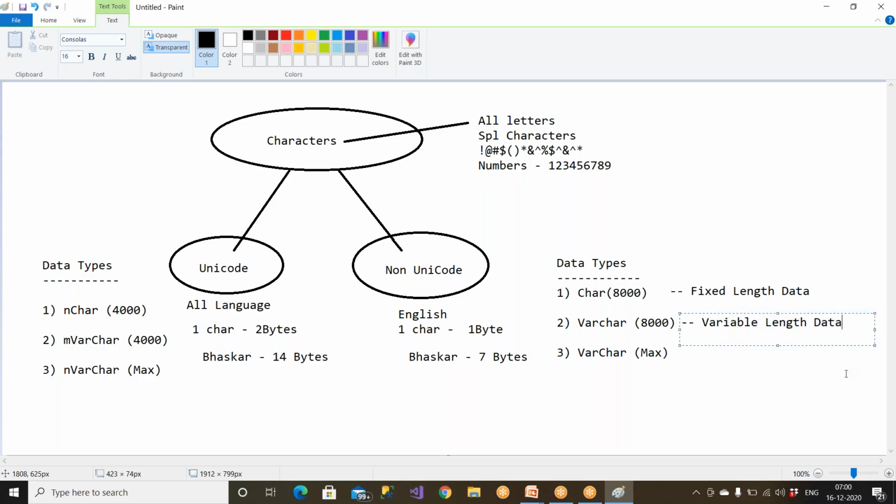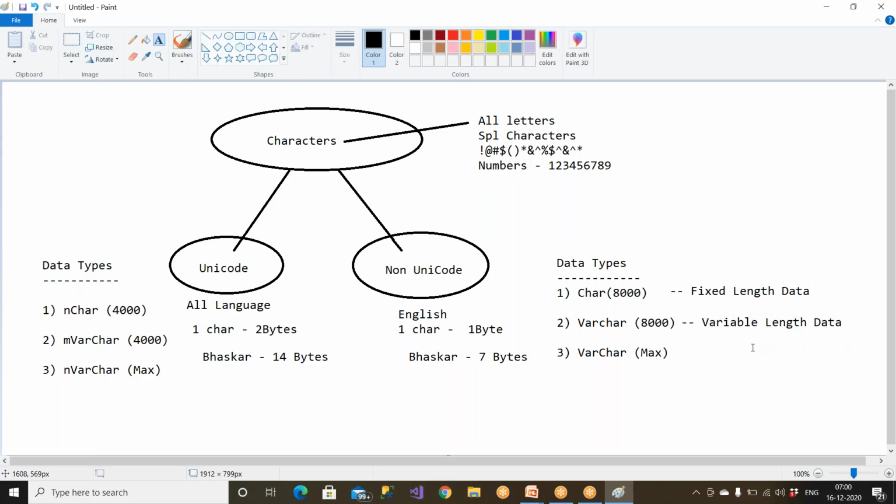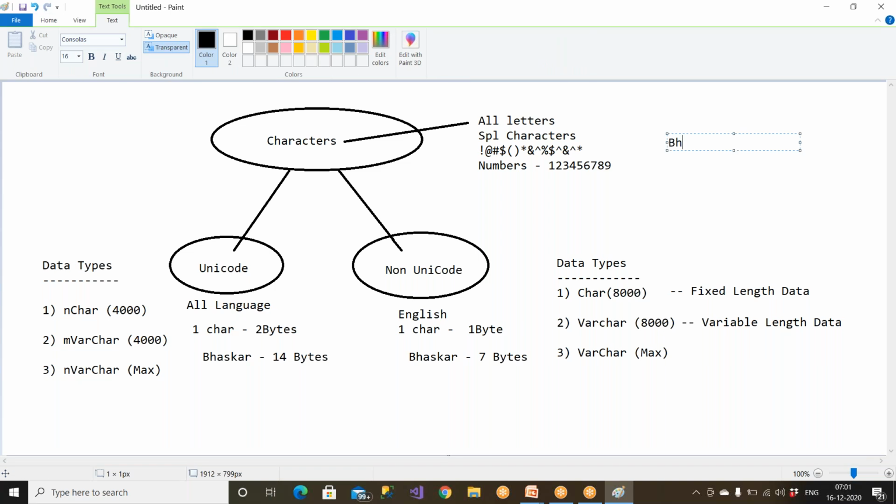So remember, your name, my name, your address, my address, the length of the data is not similar, right? For example, my name is Bhaskar, your name is John Kennedy, so you have more length, right? Or your name will be Mac.